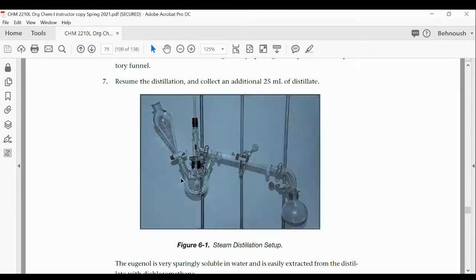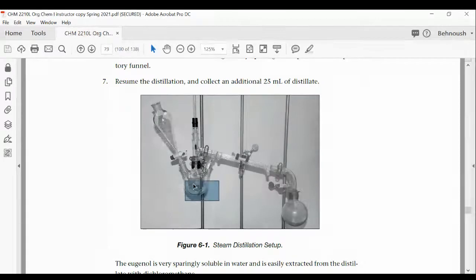So we can start with the flask about halfway full, do the distillation, and when the volume reaches the bottom or is almost gone, you want to make sure that you never distill to dryness.